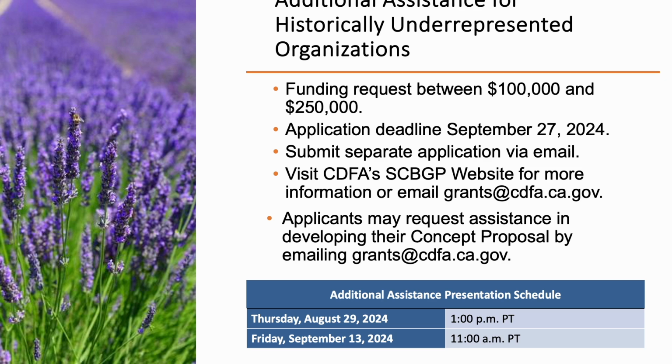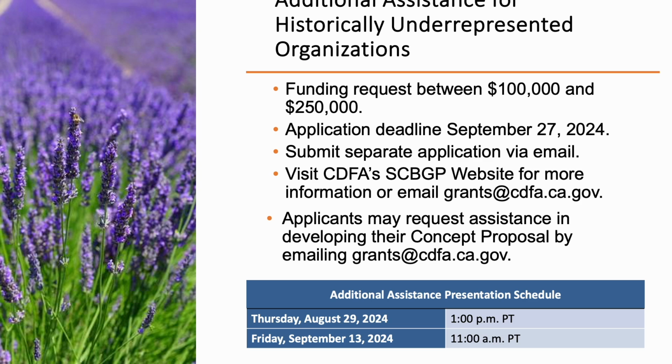Concept proposals selected for advancement in this program will receive assistance from CDFA and develop a full proposal for submission to the USDA. Proposals can request between $100,000 and $250,000 in funding. For more information, please refer to the separate Additional Assistance Program RFCP.